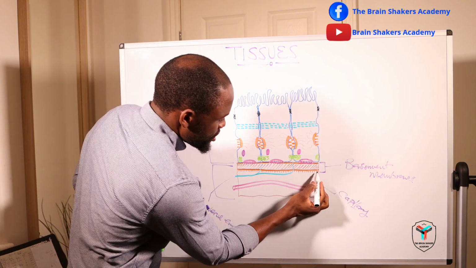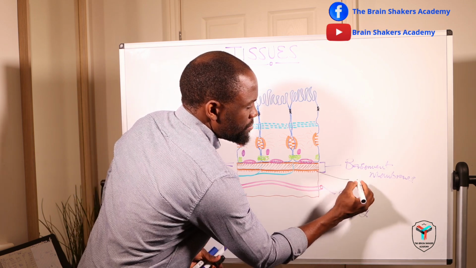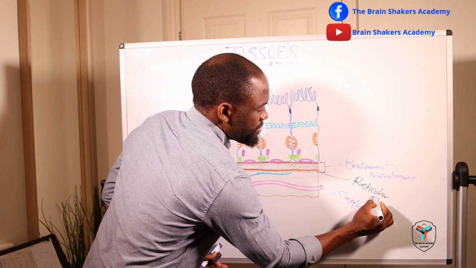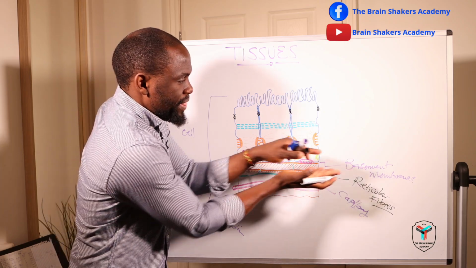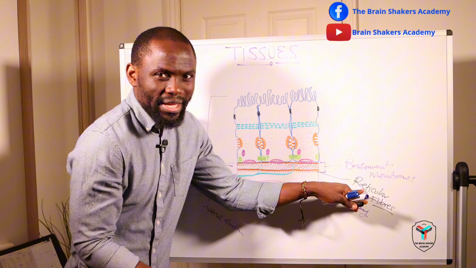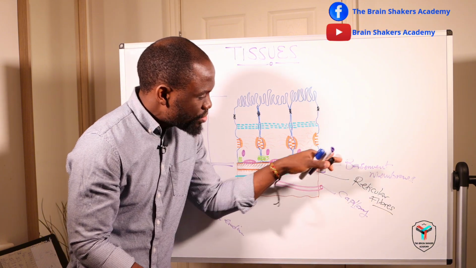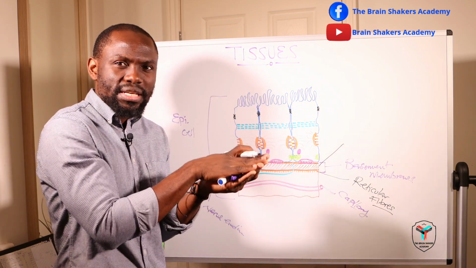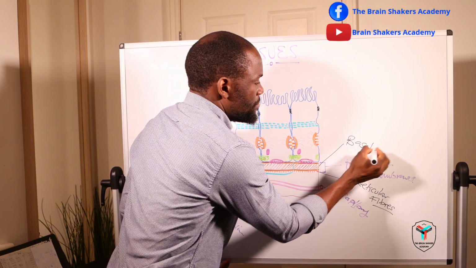At the bottom end, you have fibers, which we call reticular fibers. These reticular fibers form the base of the basement membrane, and we call it the reticular lamina. Then the upper part, which has the base of the cells, where the cells actually sit, is what we refer to as the basal lamina.